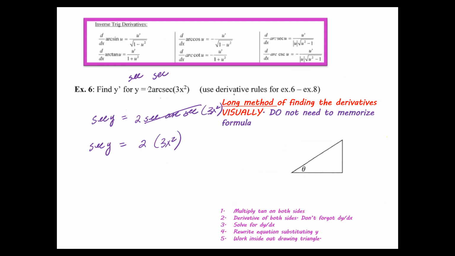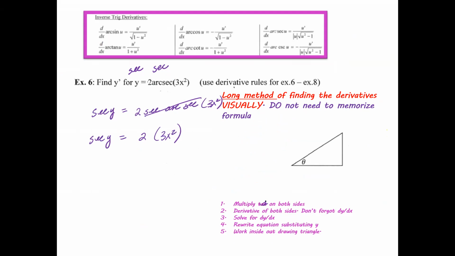All right, so we're now going to multiply by secant. So obviously we did that. Derivative of both sides. Okay, so the derivative of secant x is going to give you a secant y and tangent y, dy over dx, which is equal to the derivative of this part, which is 6x squared, which is a 12x.